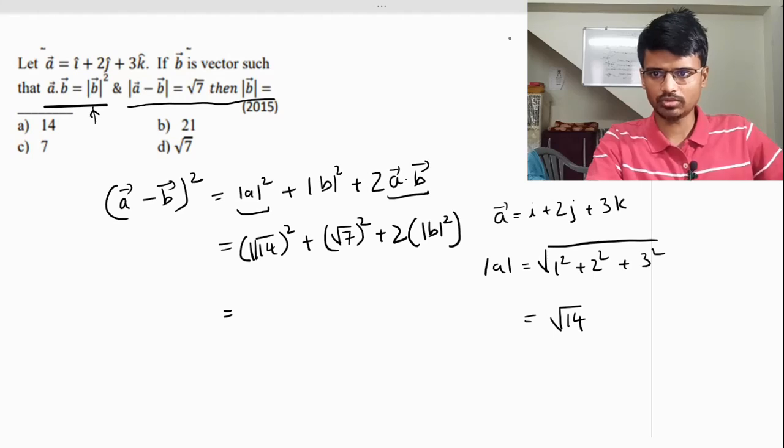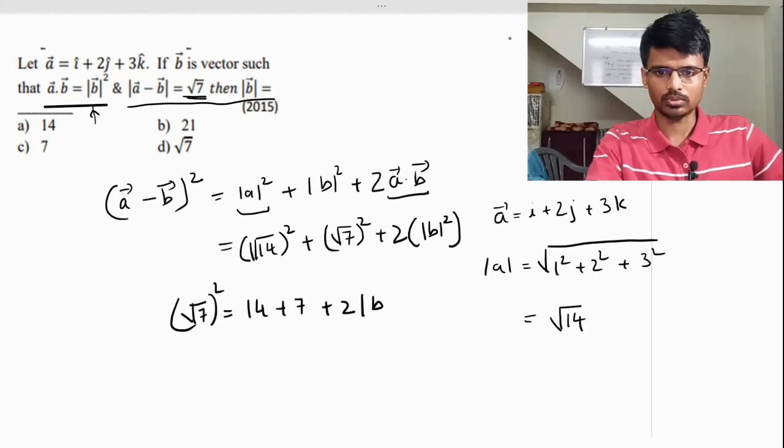The magnitude of this is root 7, so this is also given, so I just need to substitute that. So what do I get? Let me see. Oh, I'm so sorry. The magnitude of vector B is not given, right? That is what we need to find. I'm so sorry, we cannot substitute that here. One more mistake, this is going to be minus now. I'm sorry, this is minus.